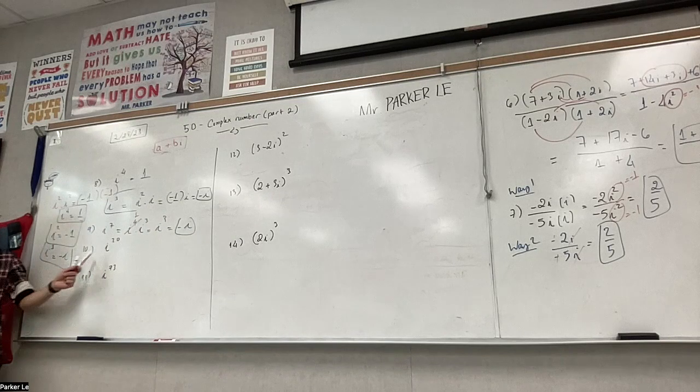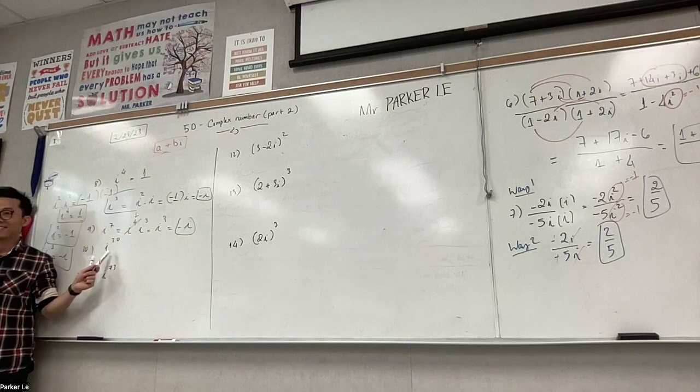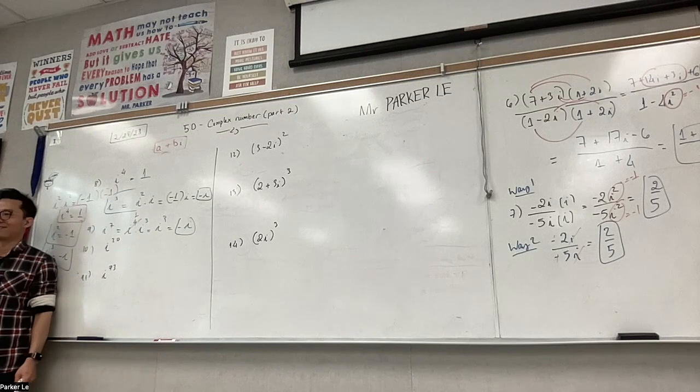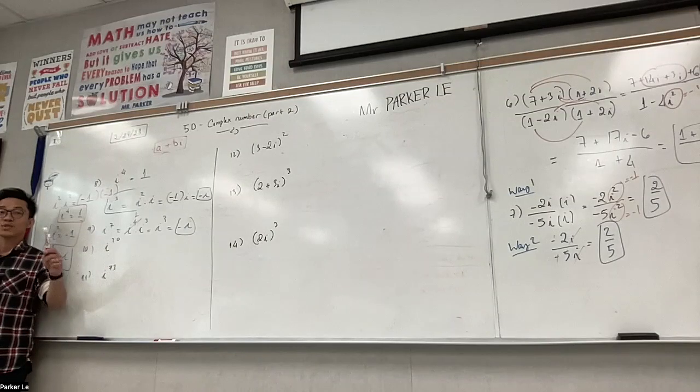Now can you write by yourself i to the 20th? 1. Very good. How did you get 1? It's a multiple of 4.